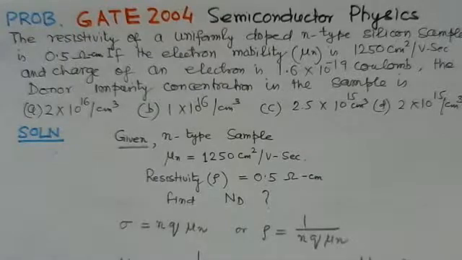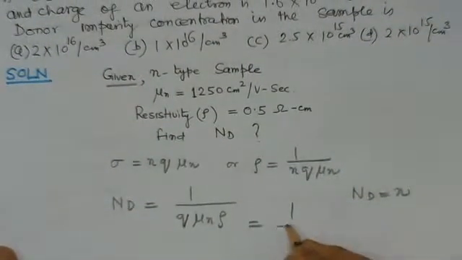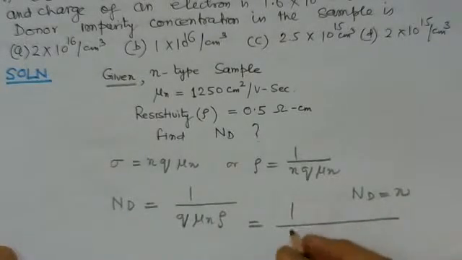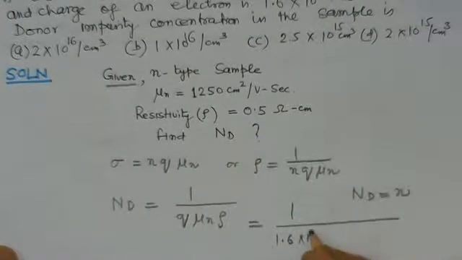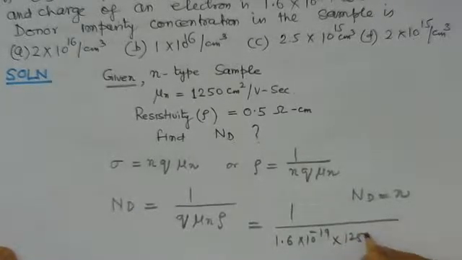This is 1 over Q, where Q is 1.6 into 10 to the power minus 19 coulombs, the value for mu(n) is given as 1250, into the resistivity value of 0.5 ohm centimeter.